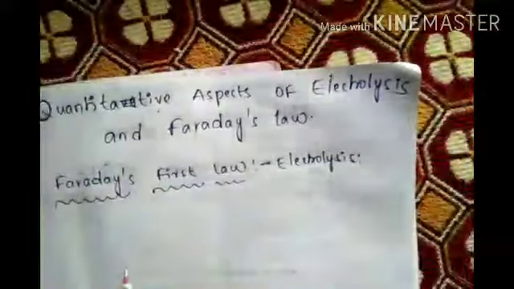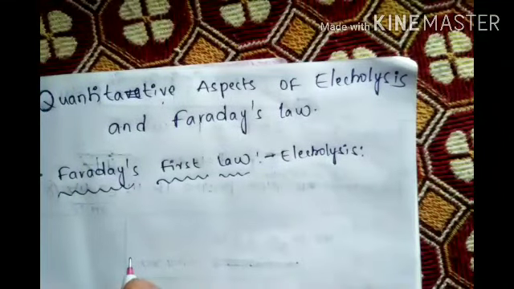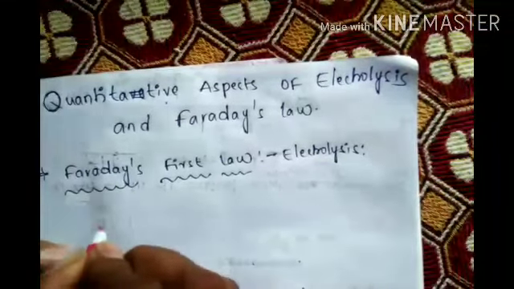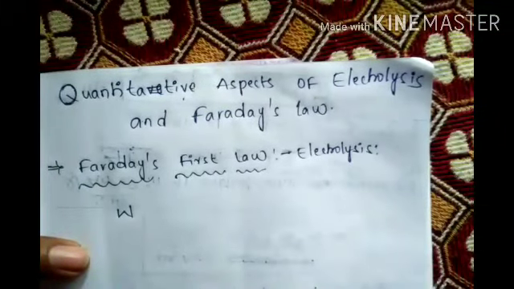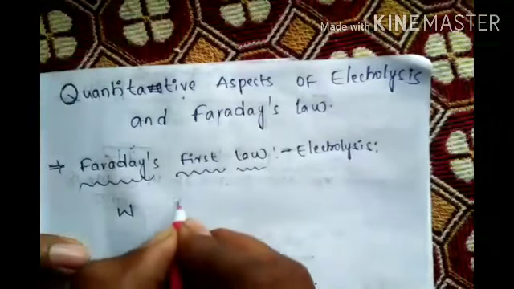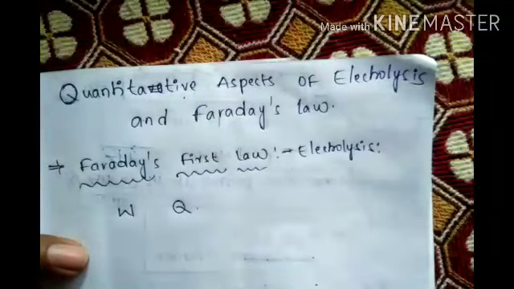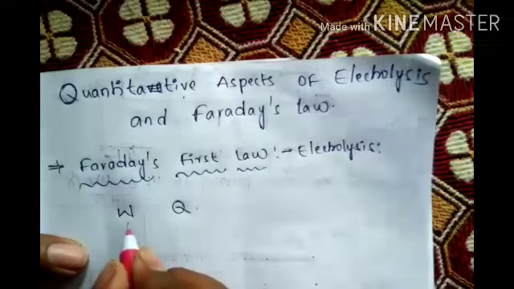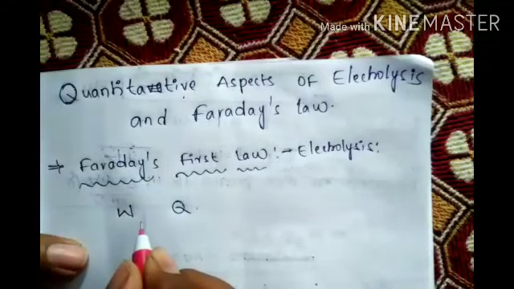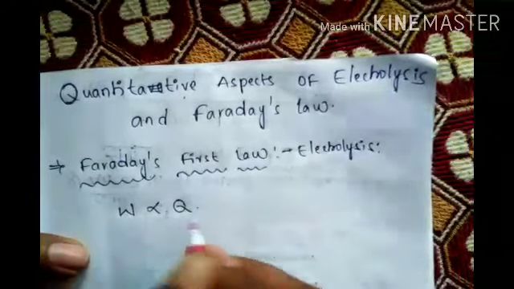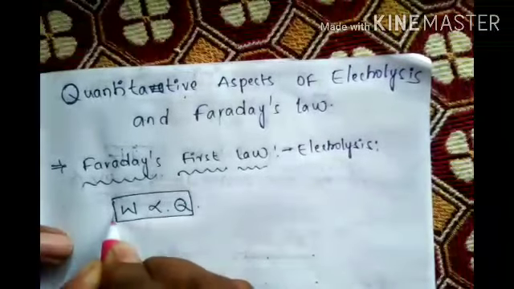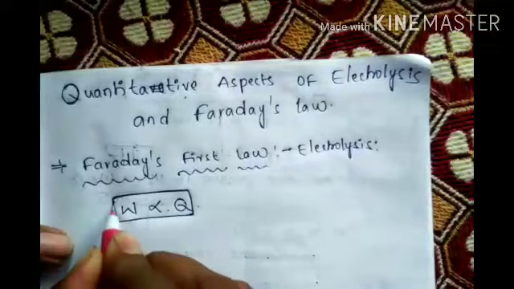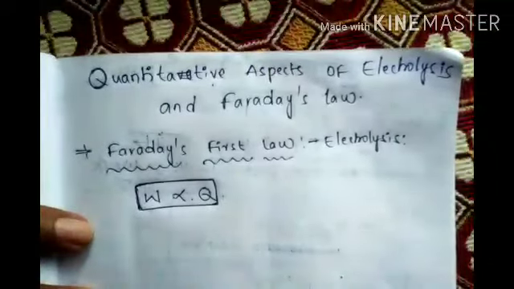The amount of substance deposited or liberated we are taking as W, and the quantity of electricity we are taking as Q. So any substance deposited or liberated at any electrode is directly proportional to the quantity of electricity. So W is directly proportional to Q. This is Faraday's first law.